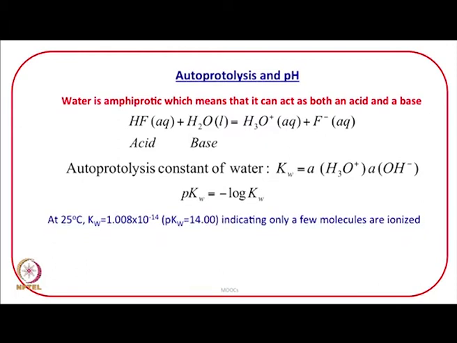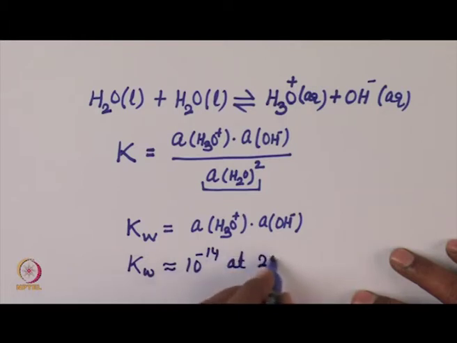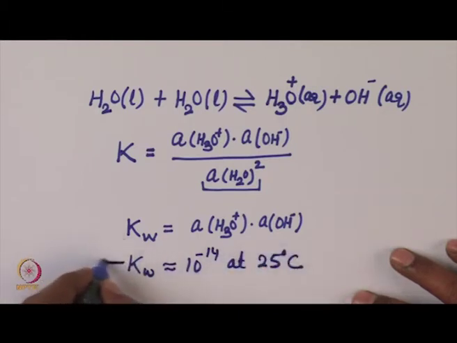At 25 degrees centigrade, the value of the autoprotolysis constant of water is 1.008 into 10 raised to the power minus 14. So that means pKw comes out to about 14, and since Kw is so small, let me write here Kw is 10 raised to the power minus 14 at 25 degrees centigrade for this reaction.